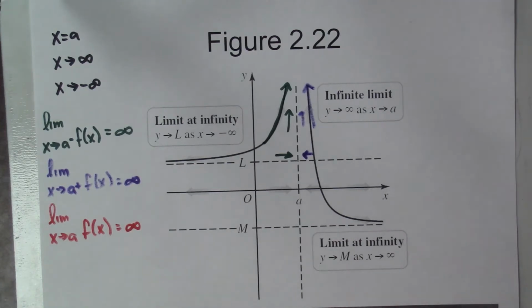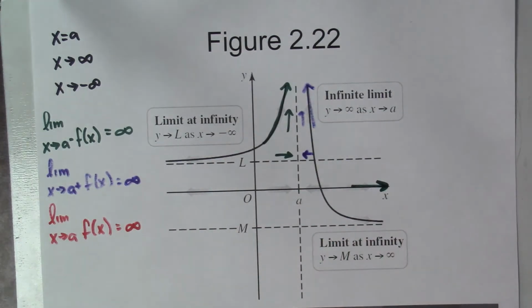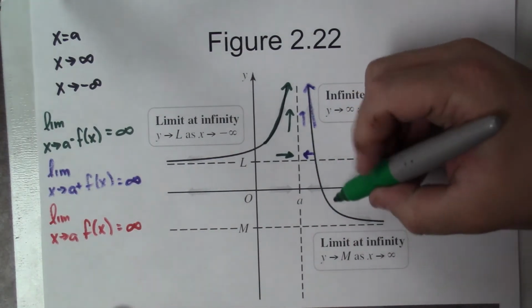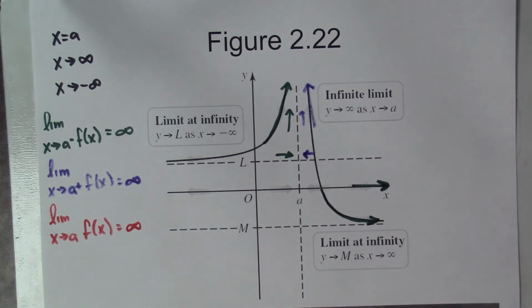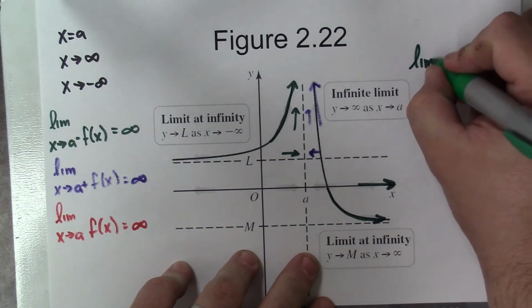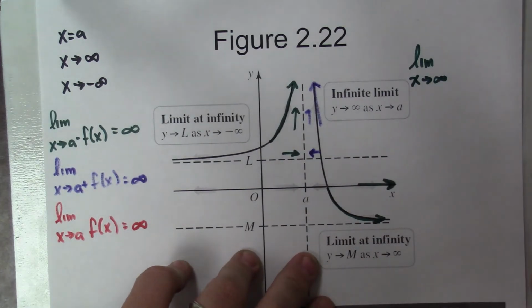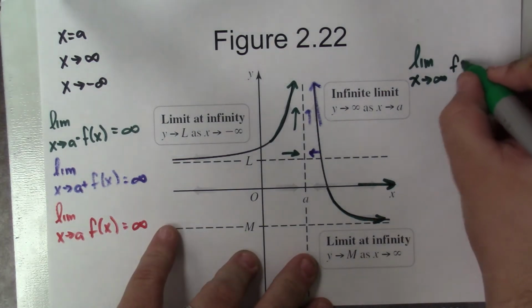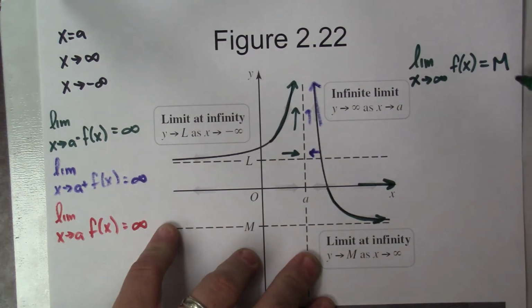Now we are similarly going to talk about what's going on as x goes to positive infinity. I follow this function value, and it looks like it's converging to this horizontal asymptote m. So I'm going to say that the limit as x goes to positive infinity, remember here I cannot talk about a left limit or a right limit, it purely exists or does not, of f of x is tending to m.